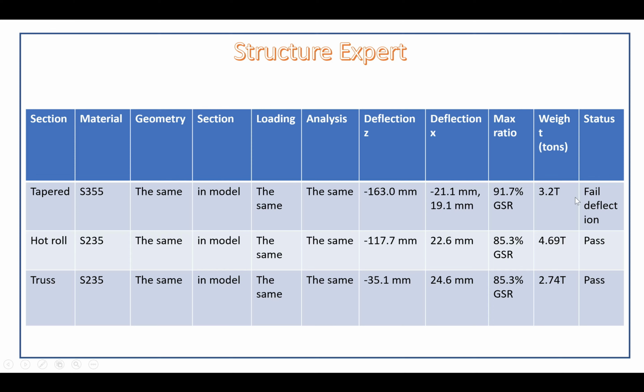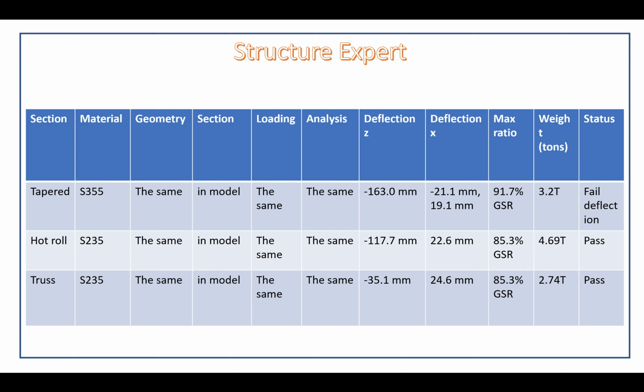But for the taper, the total weight is only 3.2, but it failed in deflection. The deflection is 163.0, over the permissible deflection. So in this case you have to increase the section thickness to reduce deflection.